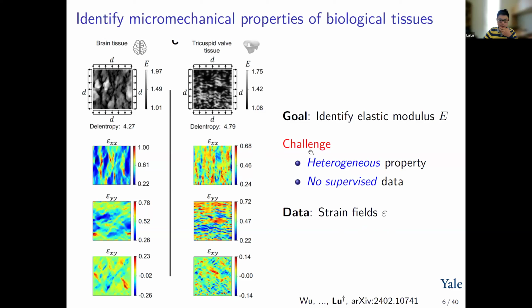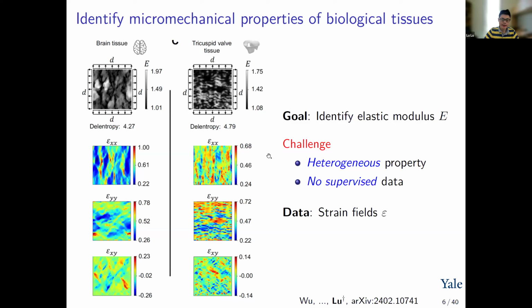But here we notice that the modulus E to be inferred is not a constant. It's a space-dependent elastic modulus, so it's basically a heterogeneous material. And in this case, we do not have any supporting data. The only data set we have is, for this specific setting, the measurement of the 3 images of epsilon.